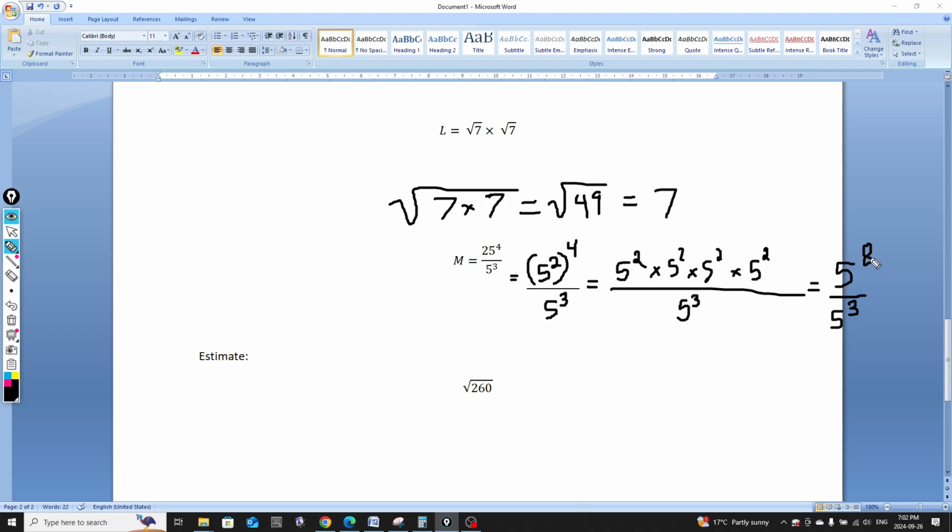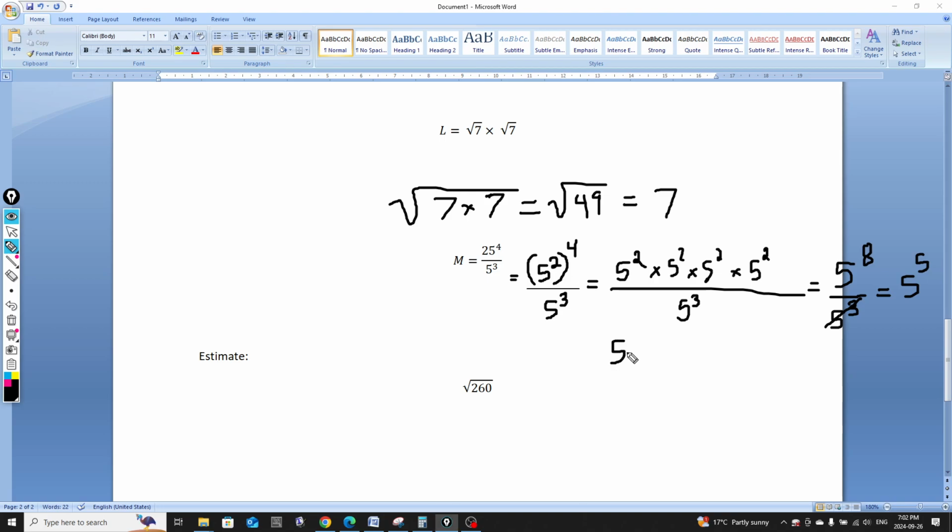So that means I've got 8 5s in the numerator and 3 5s in the denominator. Those 3 5s in the denominator are going to cancel out with 3 of the 5s in the numerator. That leaves behind only 5 5s in the numerator. So your answer is just going to be 5 to the power of 5.